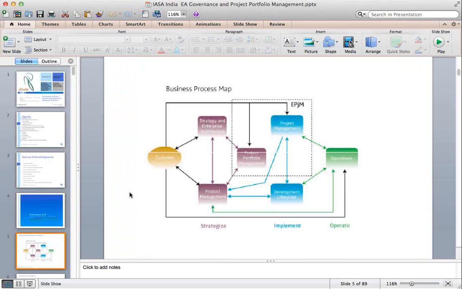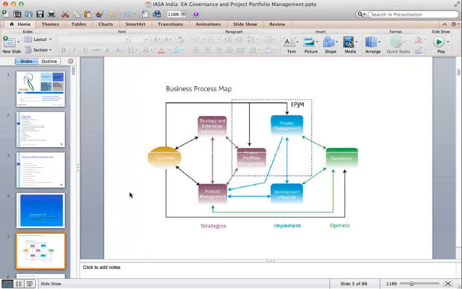Once such a strategy and the related implementation, either a program or a project or a particular element of it, is complete, then it gets into operationalism, and we definitely have the customer, the end customer who will be using it, as well as your business, which will be related to what you deliver.